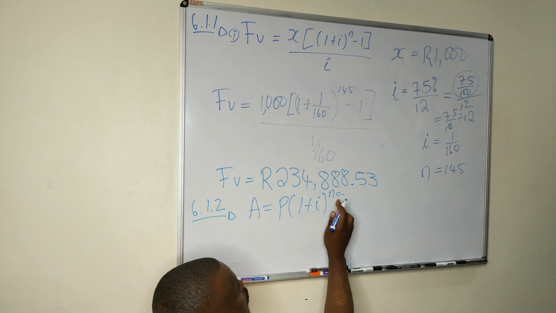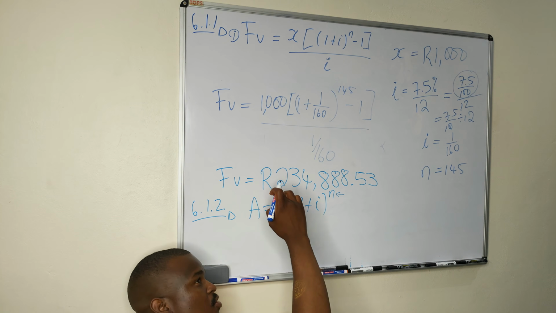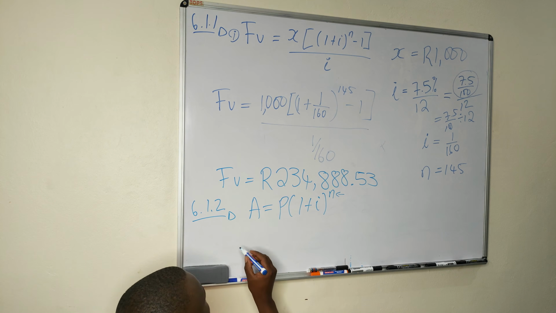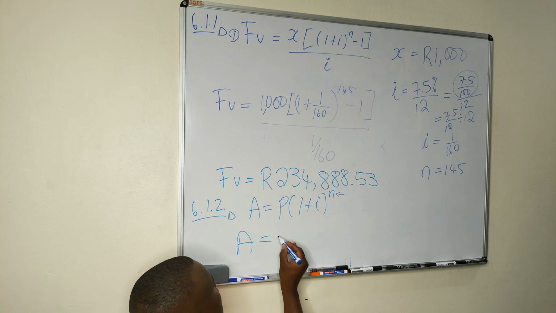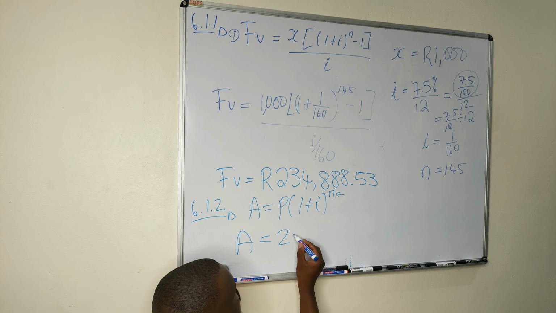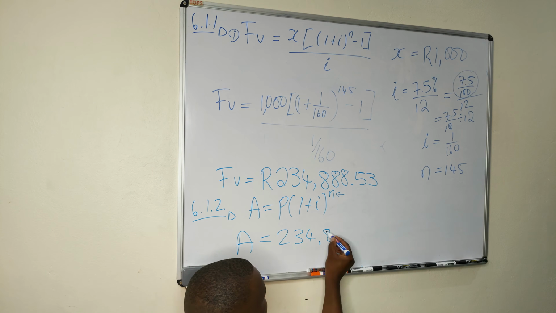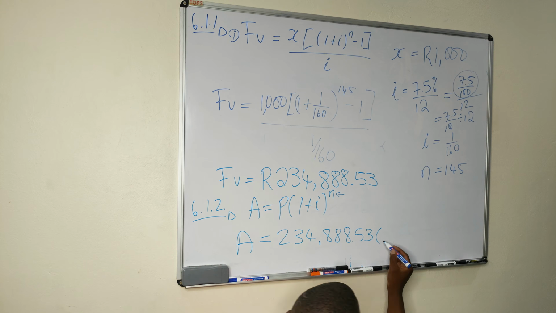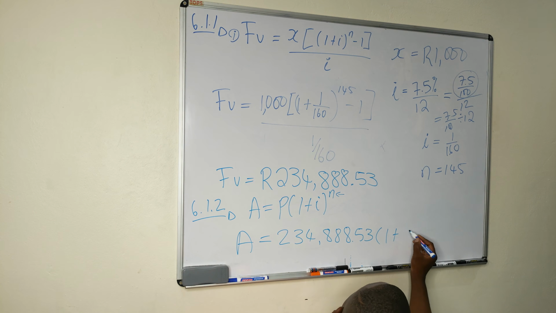It remained for 12 months, because from end January to end January the following year is 12 months. So our accumulated amount is equal to 234,888.53 times 1 plus 1 over 160 raised to 12.